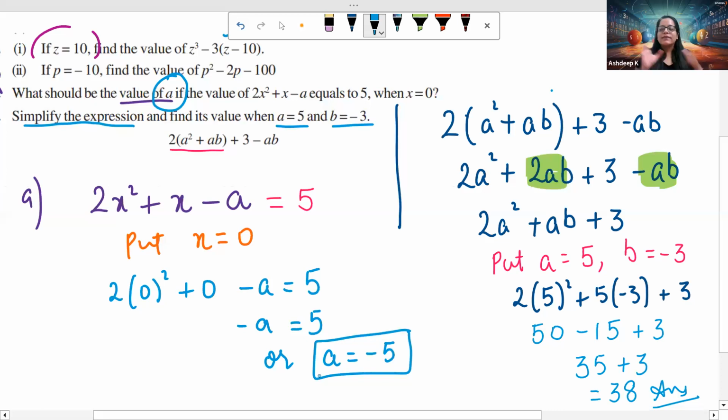So in the last question again, we simply simplified and put the value and we got the answer, right? So now we are done with this entire chapter and we have already covered, if I talk about from starting till end, so we started with algebraic expression where we discussed that algebraic expressions are formed of two things.